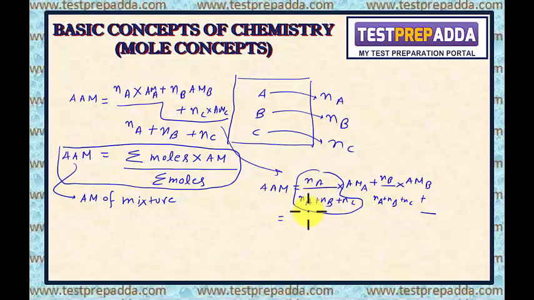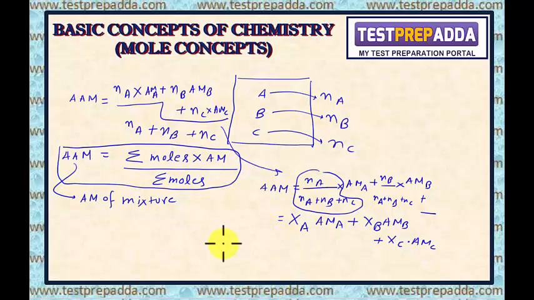Moles of A upon total number of moles. So it is a fraction of moles. So it can be said as the mole fraction of A. Mole fraction of A into atomic mass of A plus mole fraction of B into atomic mass of B plus mole fraction of C into atomic mass of C.